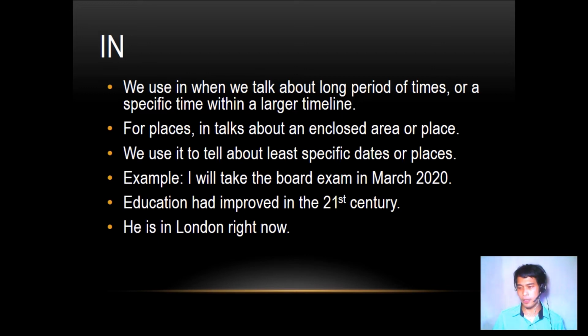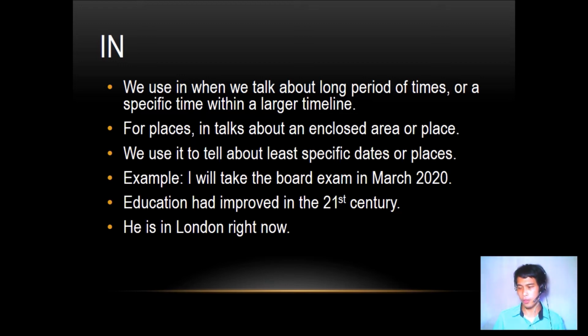For places, it also talks about enclosed areas, like in the market. The market is probably enclosed inside a city or a village. So when you're talking about a place, it's not a very specific place, but it is in an enclosed area.